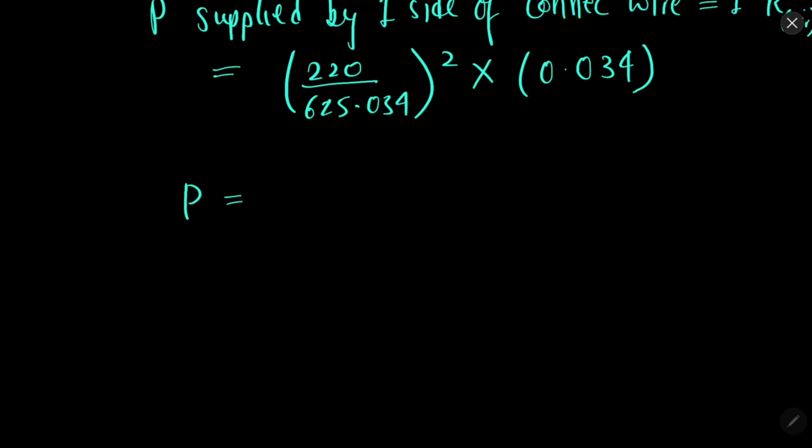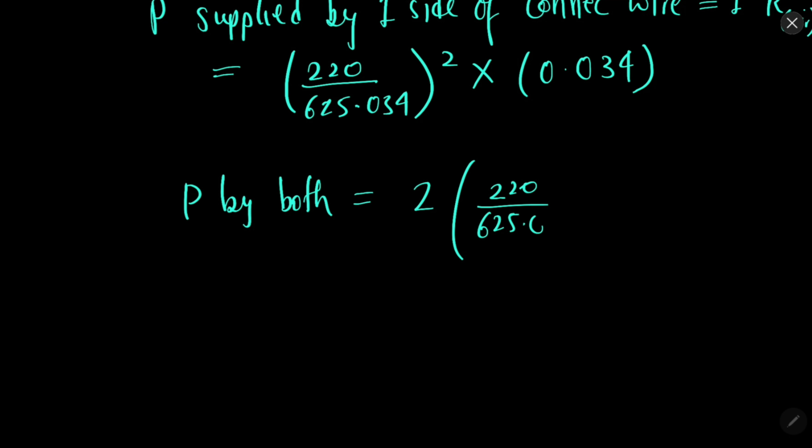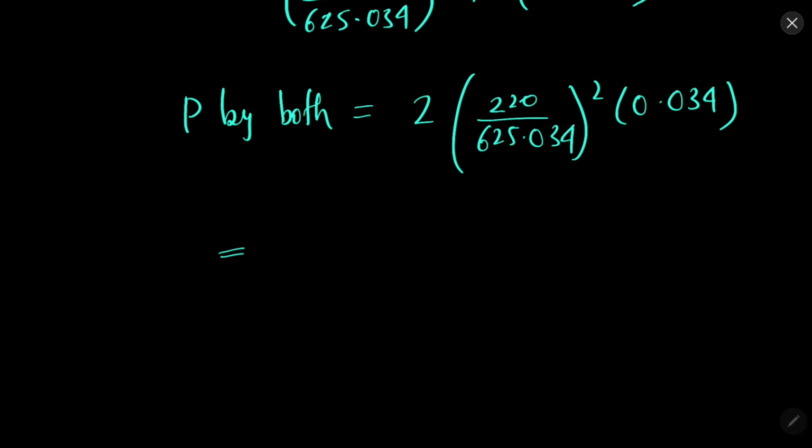So power supplied by both wires will be twice of this. So 2 into 220 over 625.034 whole square into 0.034. So it will give us 0.0084 watt or 8.4 milliwatt.